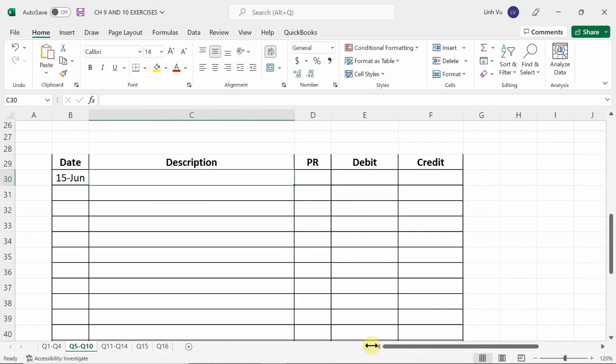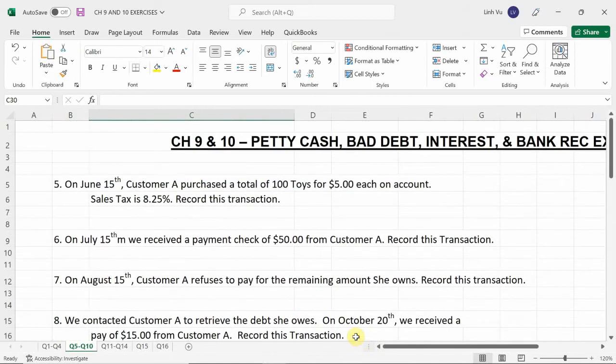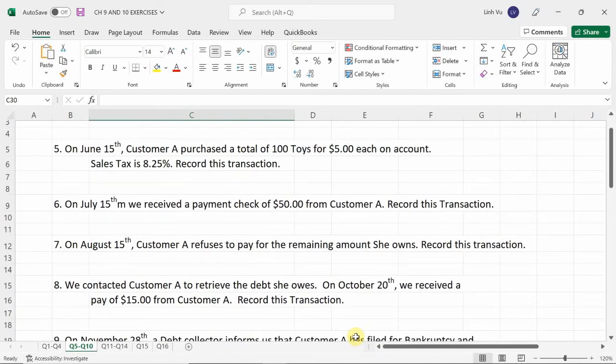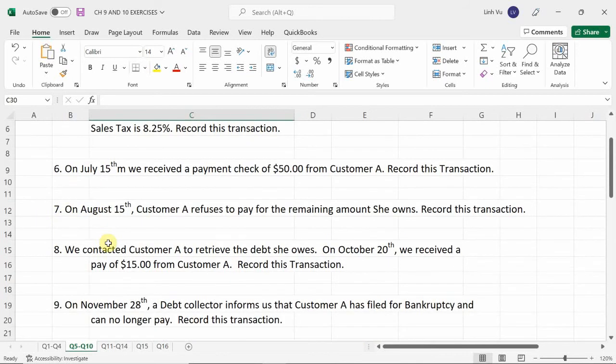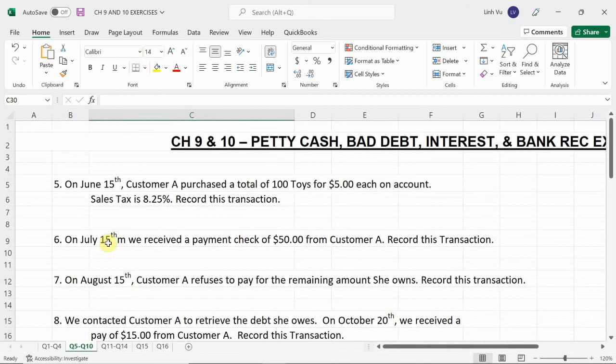So it would be toys. No. What is the transaction at hand right now? The customer purchased, right? So what does that mean if the customer purchases? Is it cash?